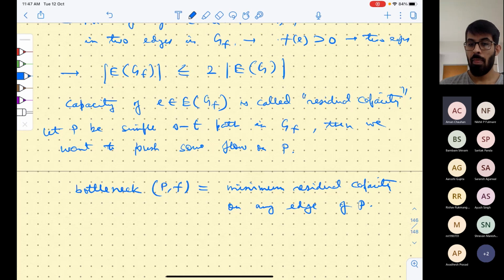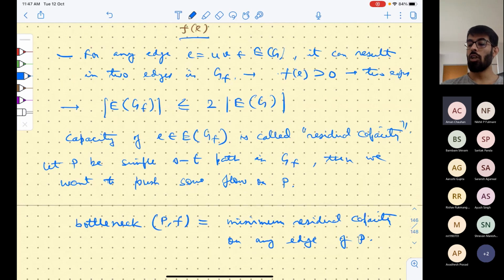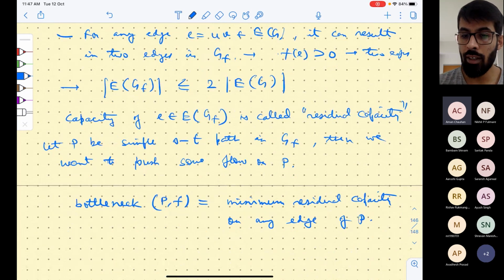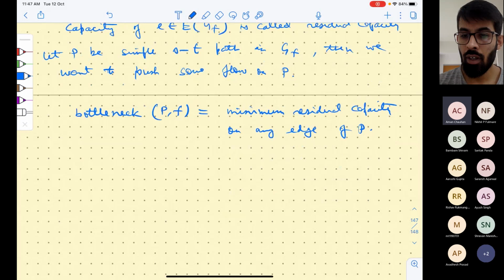So we look at this residual graph. What is the residual graph? It is basically telling us how much capacity we have already used, and in which directions we can send the flow. So now we want to send the flow along the path P. Let's write that procedure.